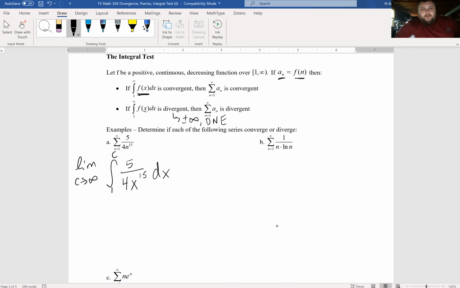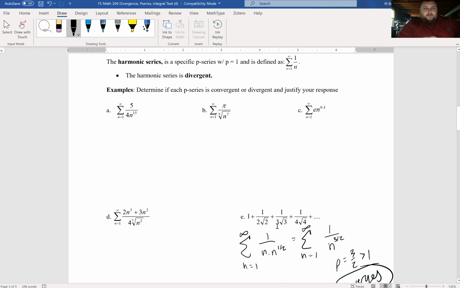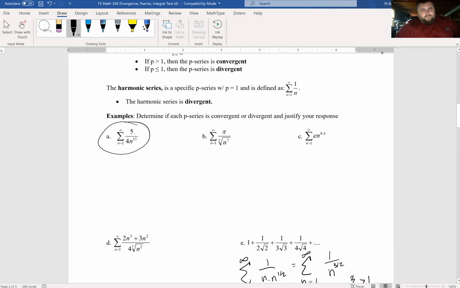Now we did this one yesterday up here for the p-series. So you should be able to look at that quickly and tell me, did that one converge or diverge? Converge.